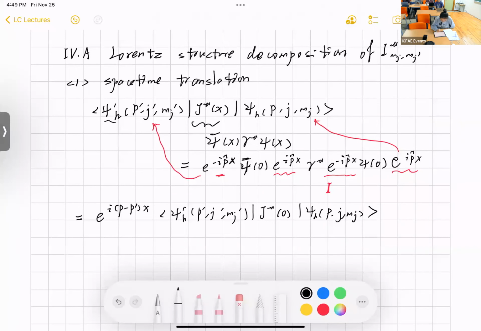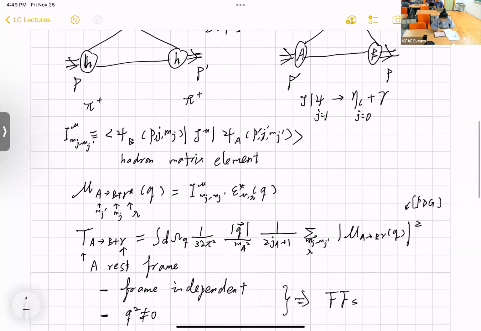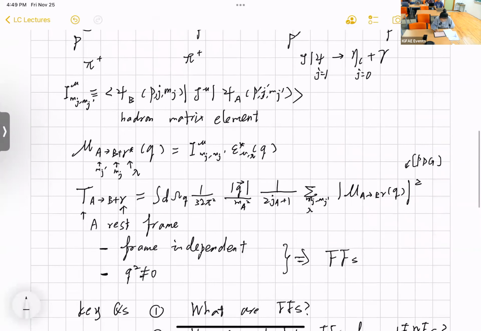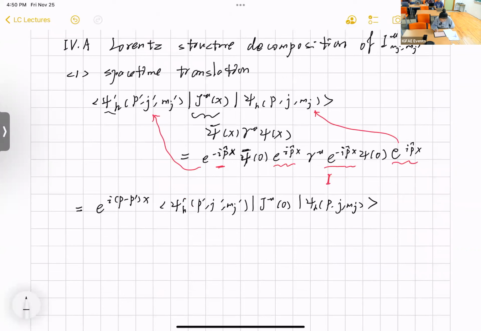Note that when we calculate this hadron matrix element, what it means physically is that when it is contracted with the polarization vector, it gives the scattering amplitude, and then for the decay width, we square it, right? So if we are interested in the internal structure of the meson state, this phase factor will not make any essential contribution.